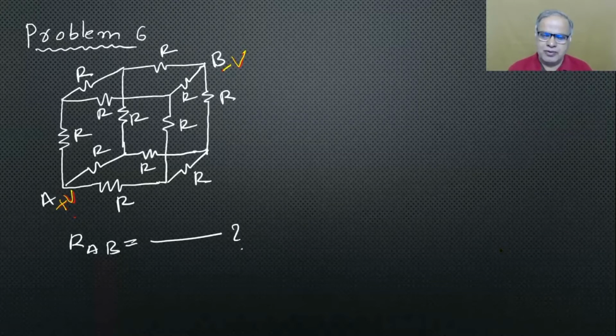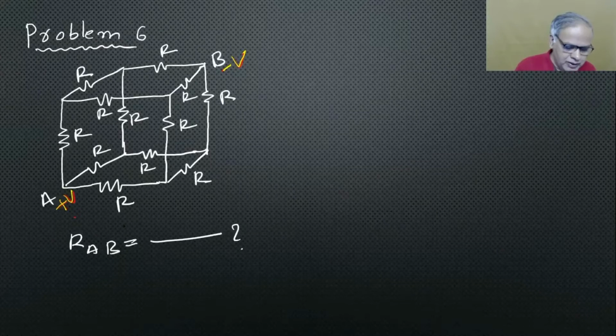As I keep doing, I'll keep showing you in various problems. For that, I told you, start from the entry point. Where is the entry point here, children? Entry of current: A. From here to the exit point, that is B. The current will come back to minus of the cell, right?